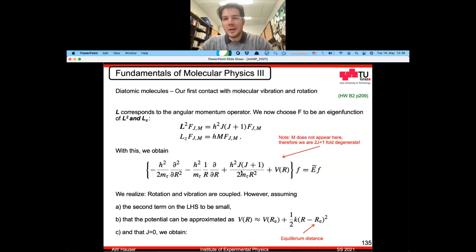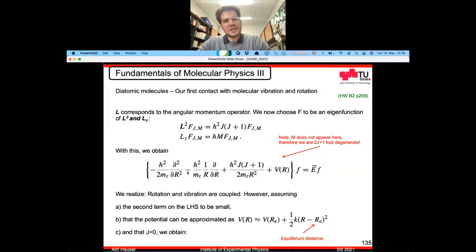One is due to a change in the internuclear distance. That's something we will refer to as the vibrational part of the energy. And for a given internuclear distance, we will have a certain moment of inertia, and therefore our rotational energy will depend on the angular momentum, but also on this moment of inertia. This means that the two types of motion that are possible for this diatomic system, namely its rotation and its vibration, are coupled.